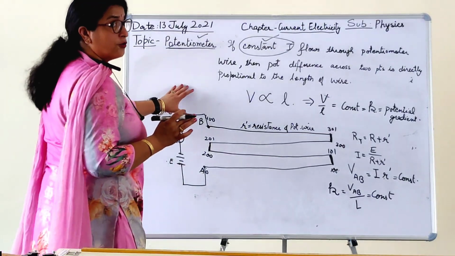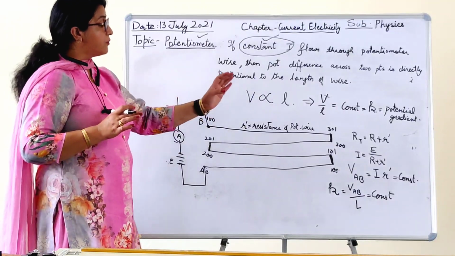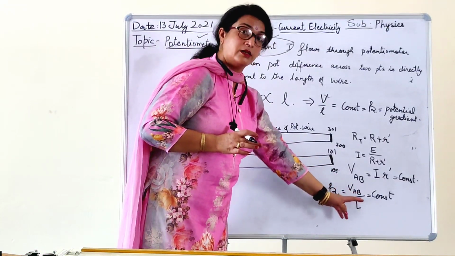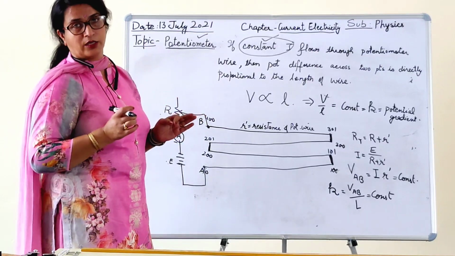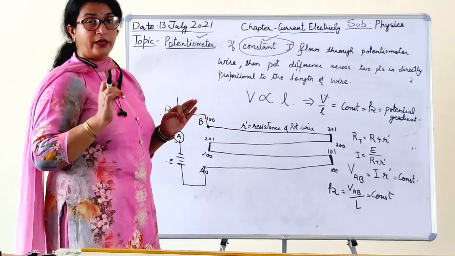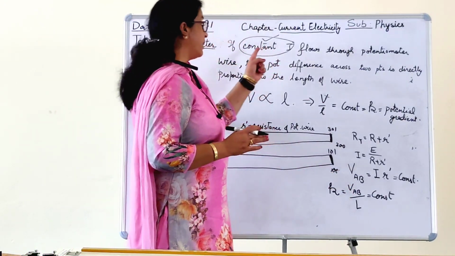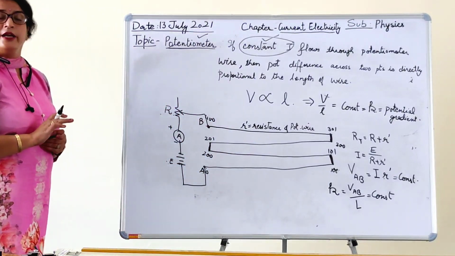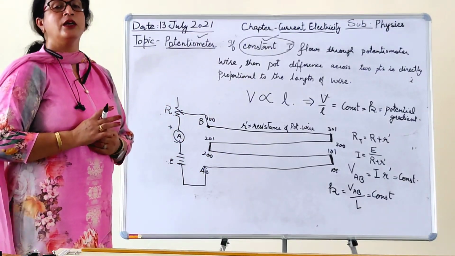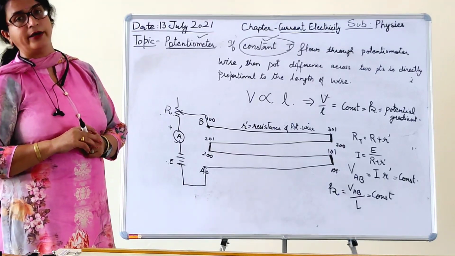This I will show you practically now: how this VAB by L is constant, how the potential gradient is constant. We can take the reading and show you that if the current is constant, then the potential gradient will always be constant for a given constant value of current.